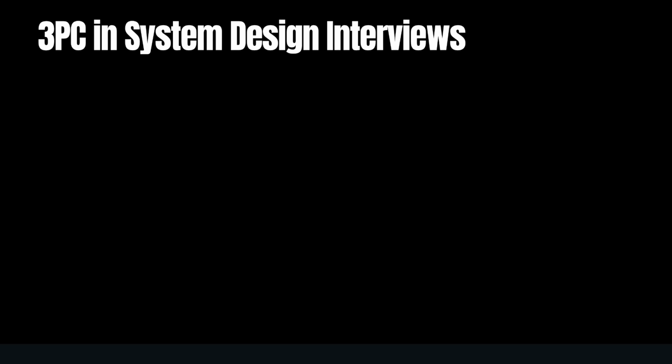Okay, how to talk about 3PC in system design interviews. In system design interviews, 3PC is typically mentioned as a follow-up to the 2PC discussion. It demonstrates your awareness of 2PC's blocking flaw and potential solutions. You would bring it up when asked about achieving atomicity in distributed transactions, and especially when exploring ways to avoid blocking. However, it's crucial to state its practical limitations.